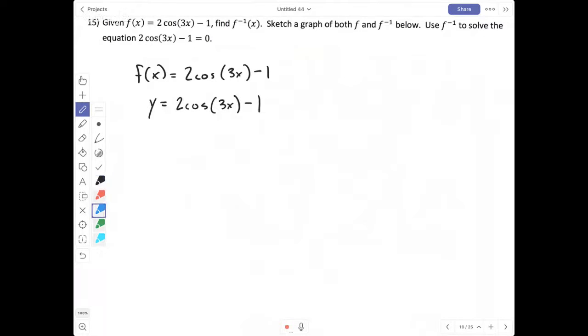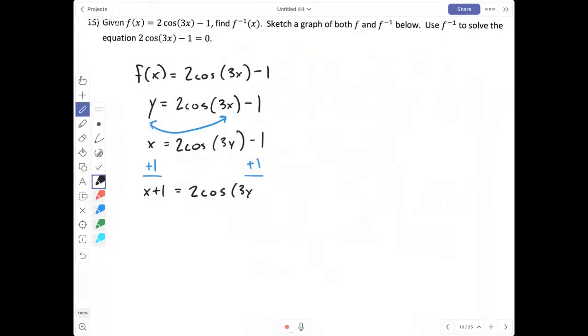I'm going to switch the x and the y for x equal to 2 cosine of 3y minus 1. I'm now going to solve for y. I'm going to say plus 1 plus 1. That gives me x plus 1 equal to 2 cosine of 3y.